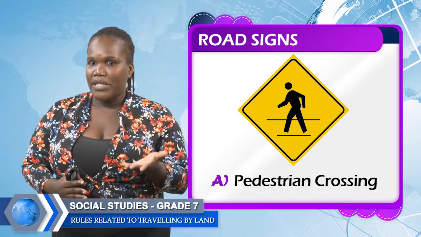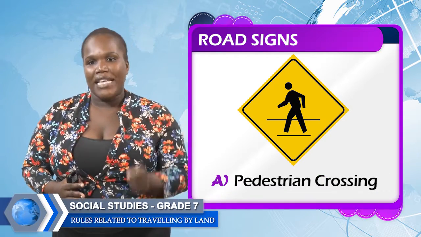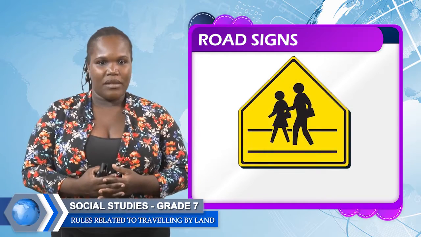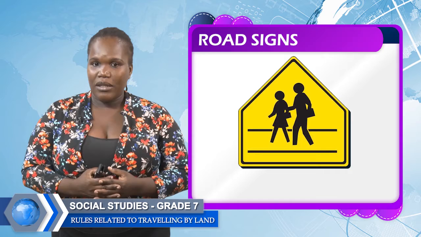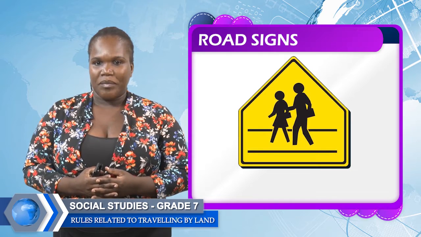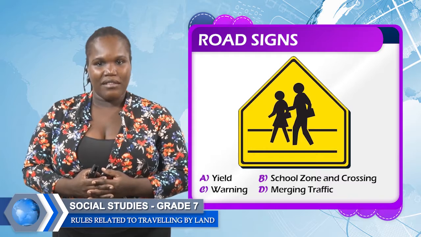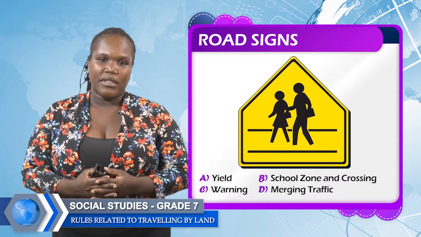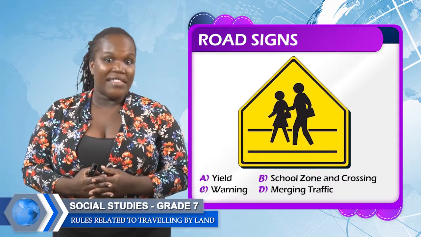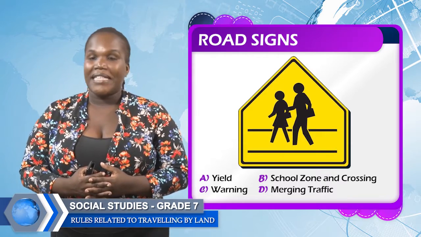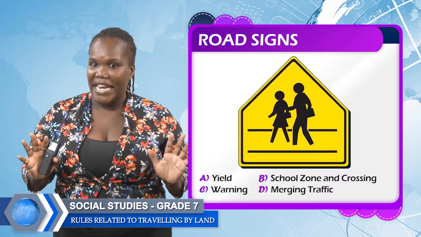The symbol you're seeing represents a pedestrian crossing. Here is another symbol. Take a very good look at it. Let's see if we know what it represents. Is it A, a yield? B, is it saying this is a school zone or a school crossing? C, is it saying warning?